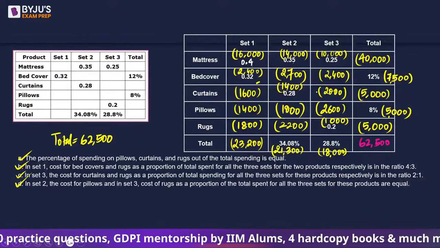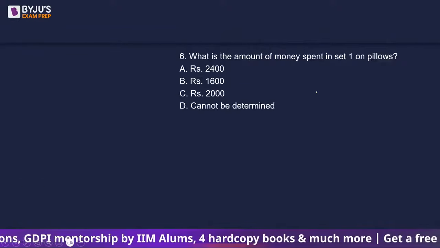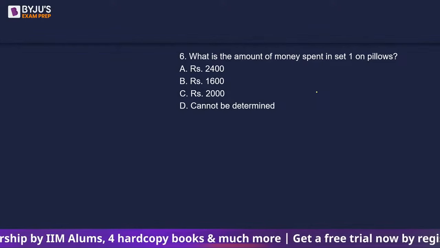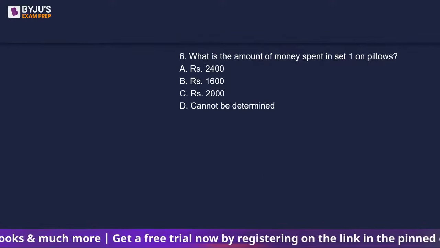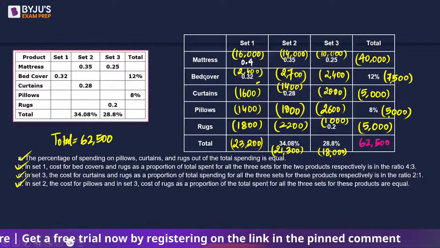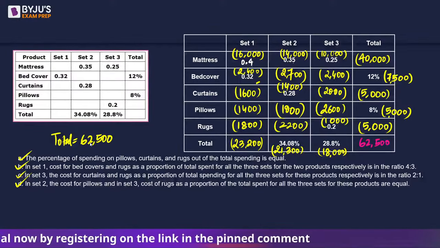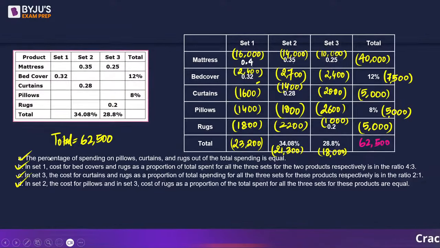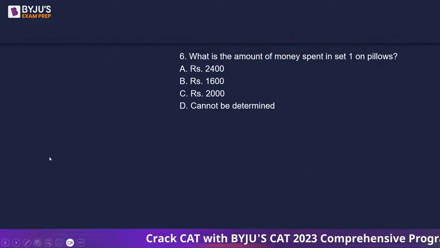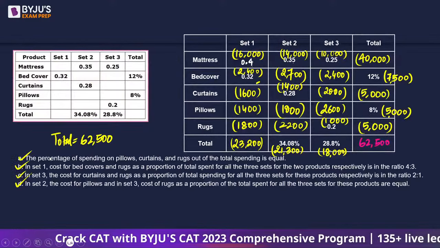So once the table is done, now we can move ahead with the questions. What is the amount of money spent in set 1 on pillows? Set 1 pillows 1400? Hold on. Set 1 on pillows. Amount spent in set 1 on pillows.